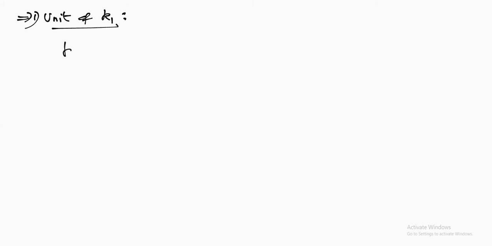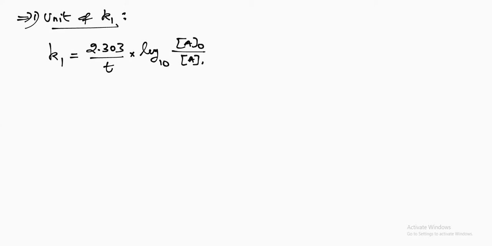You know very well the rate constant expression for first order reaction, K1 equal to 2.303 by t log base 10 initial concentration of the reactant divided by concentration of the reactant at a time t. Students, observe carefully. Concentration unit is mole per liter. Here also we have concentration term mole per liter. So mole per liter cancels. Therefore, there is no unit from this part.